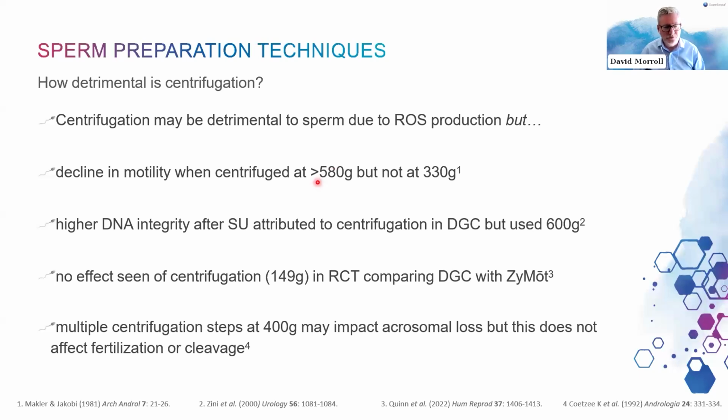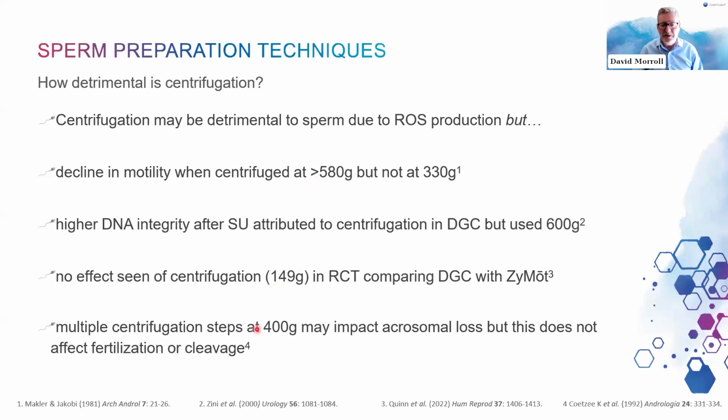Now, if we look at a more recent paper by Molly Quinn and colleagues in the US, they were using a Zymot device, the Zymot ICSI, and they compared it with density gradient. They found no difference in outcomes, and they were spinning much more gently. So if you spin gently, there doesn't seem to be an impact. So this 300G or thereabouts is probably fine, and you don't see any clear detrimental impact on the sperm.